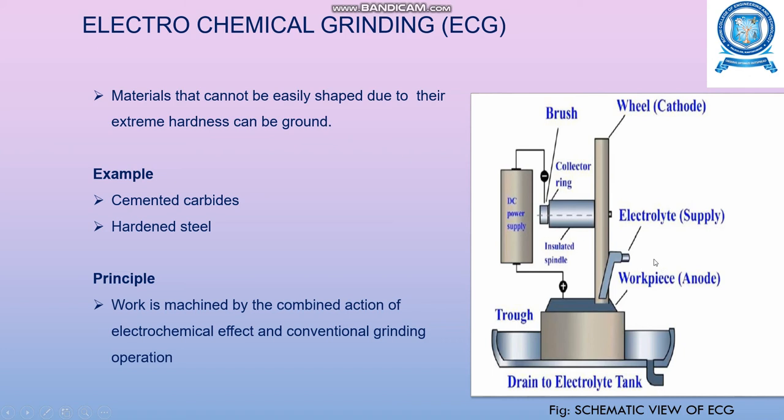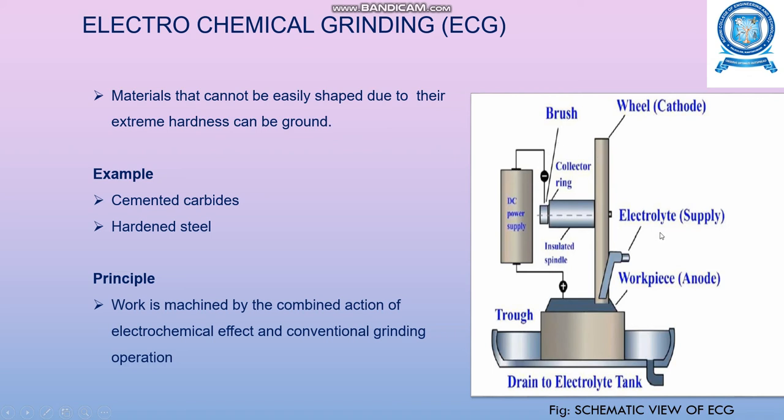So here this is a schematic view of the electrochemical grinding, and here you can see the wheel, that is the grinding wheel, which acts as the cathode, and you have this workpiece which acts as the anode. So the positive of this DC supply is given to this workpiece, and the negative is supplied to this brush.